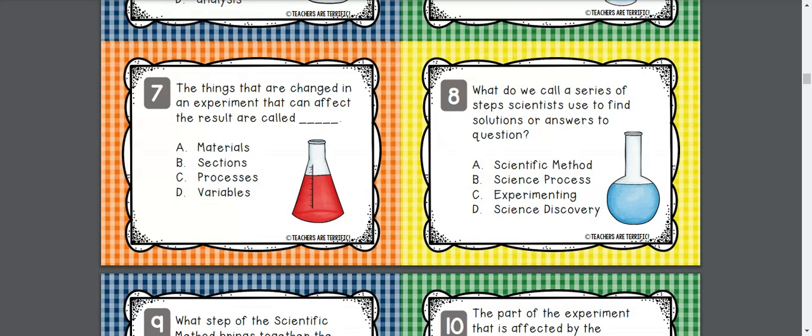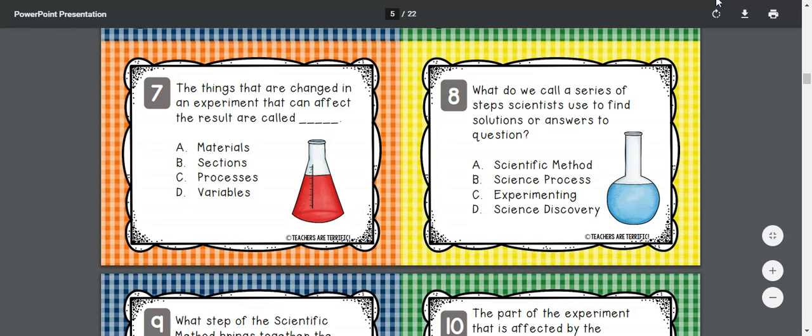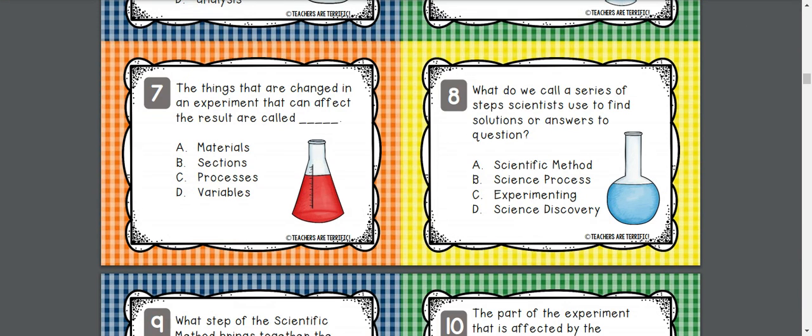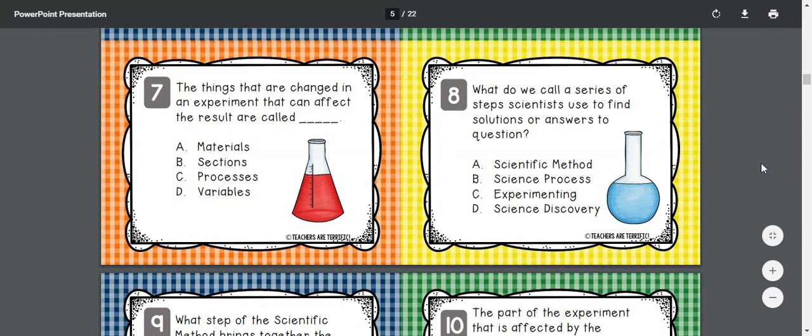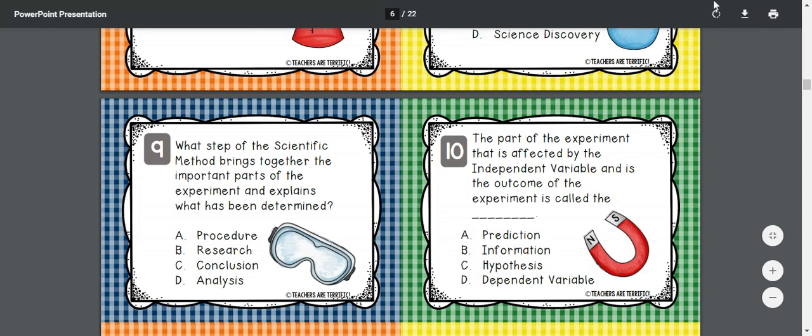And number 8, what do we call a series of steps that scientists use to find solutions or answers to their question? A, the scientific method, B, the scientific process, C, experimenting, or lastly, D, science discovery. And it is A, the scientific method.